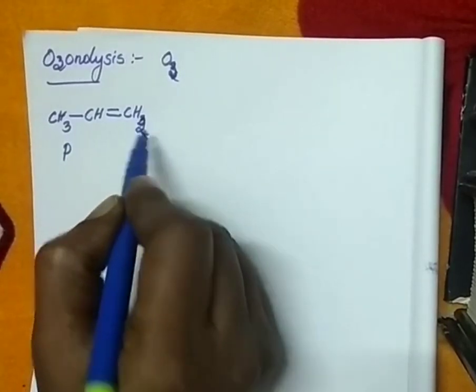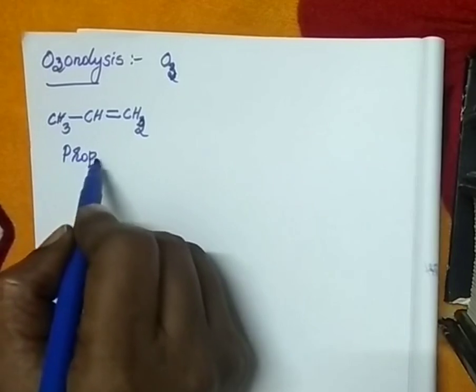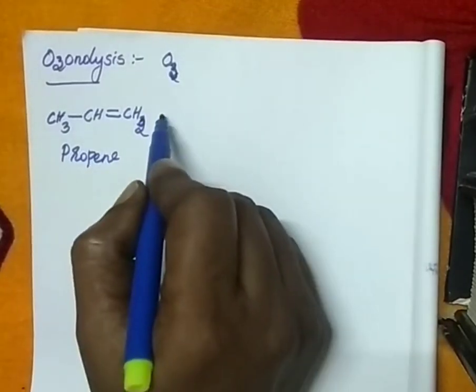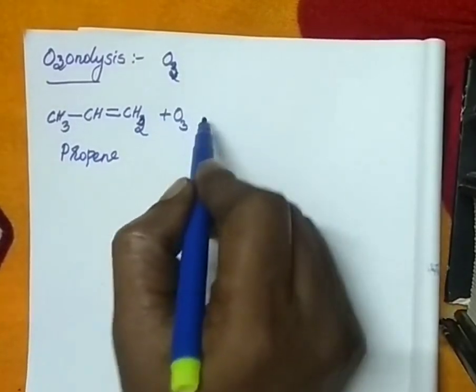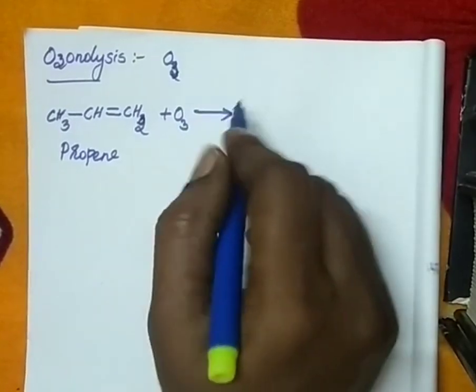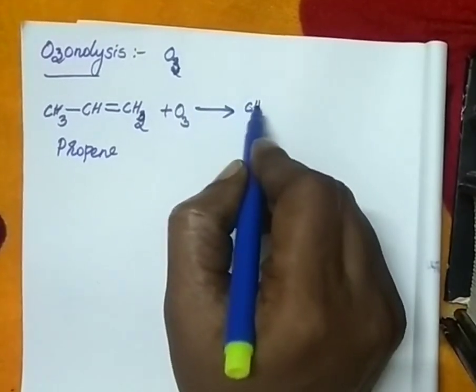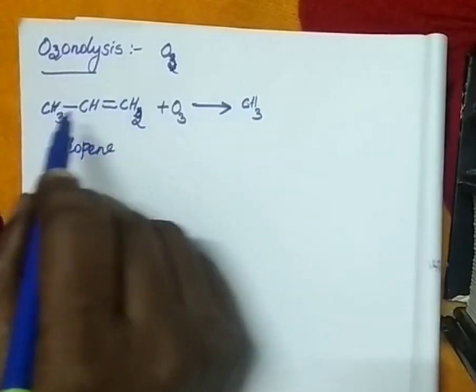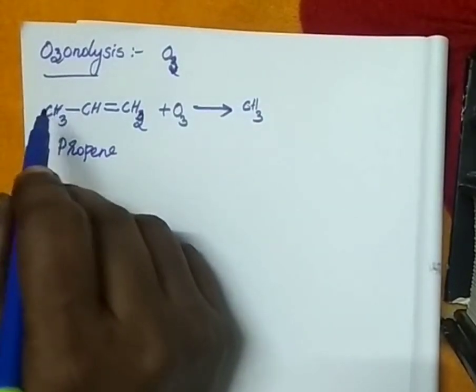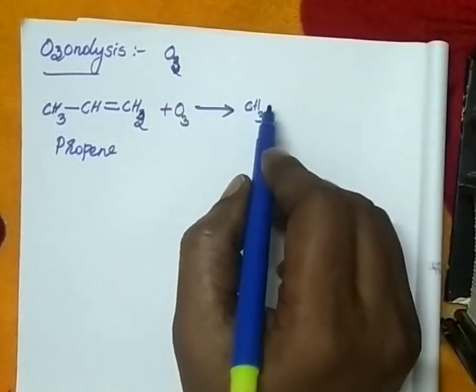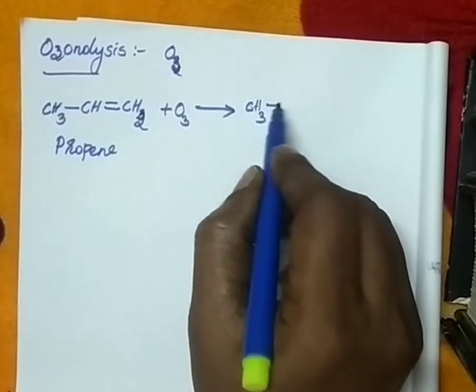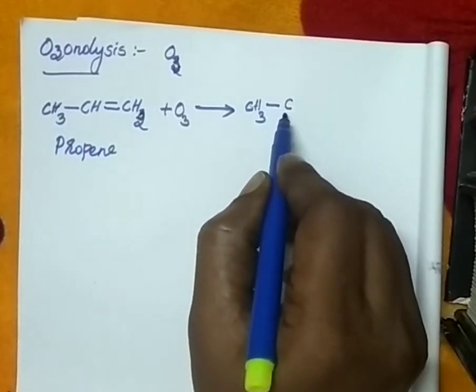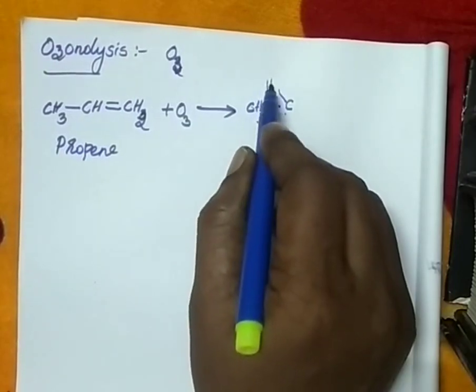Sorry, this is 2-propene. And upon addition of ozone, you have to write, see here, only the alkene carbons will be disturbed. The other substituents will be as they are. In any addition reaction, other substituents will be as they are, right? So, let me write my other substituent as H.